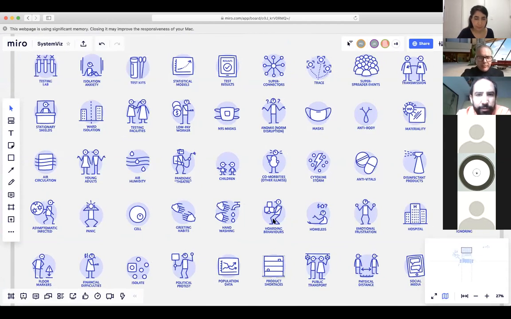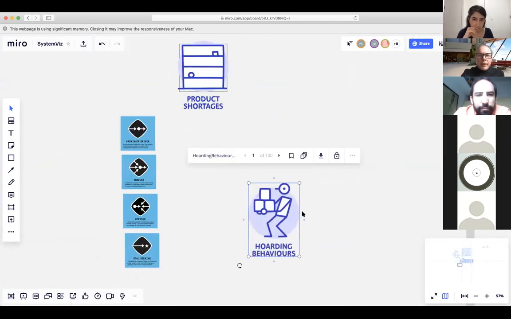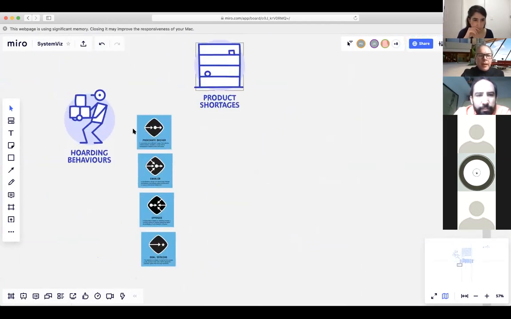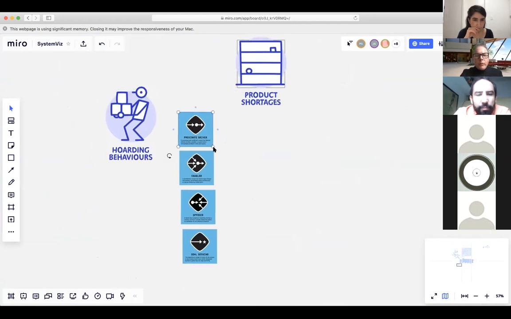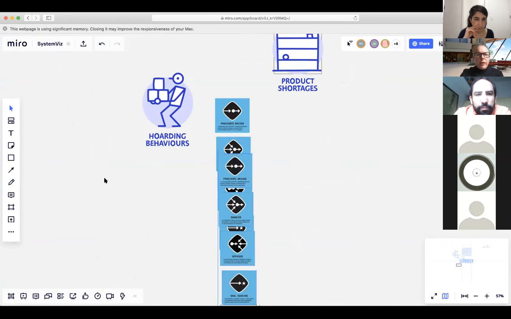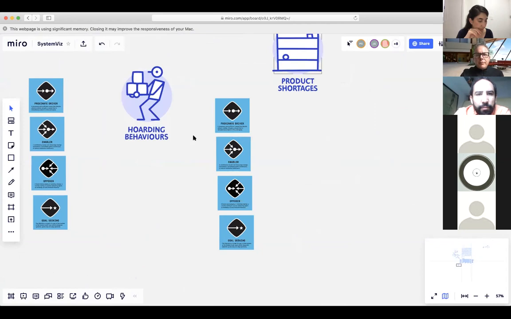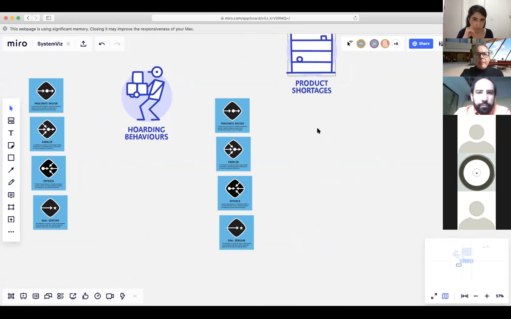Oh, there we go. So we can start exploring that, and then we can also replicate this, which is, okay, so what are the causes of the hoarding behavior? Right? So these are product shortages. That's on the demand side.